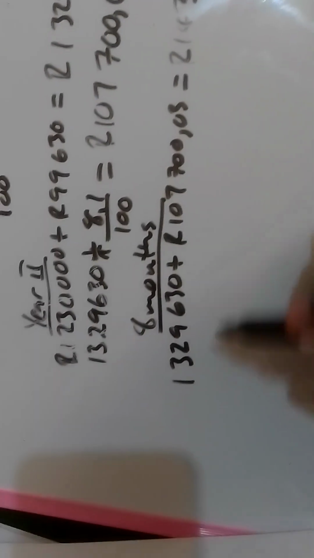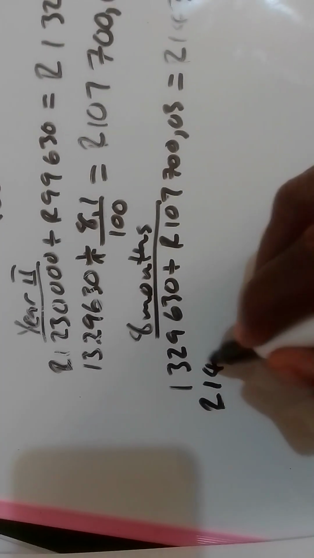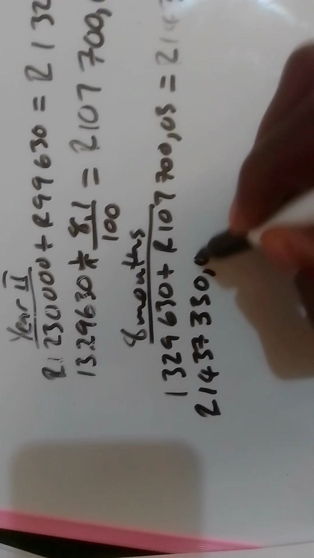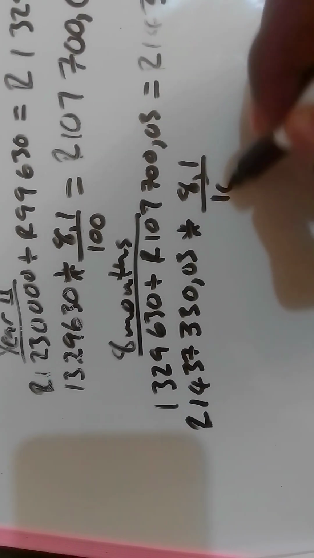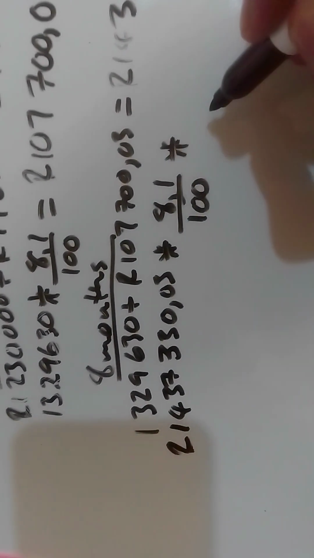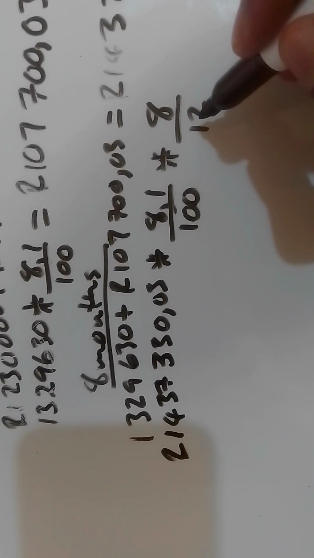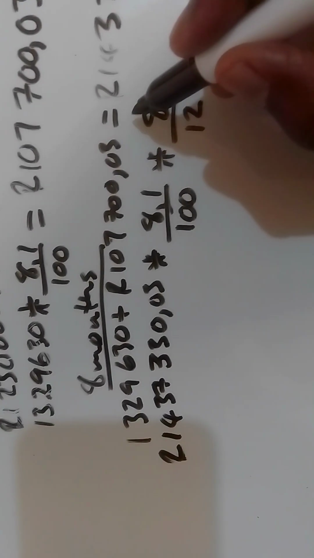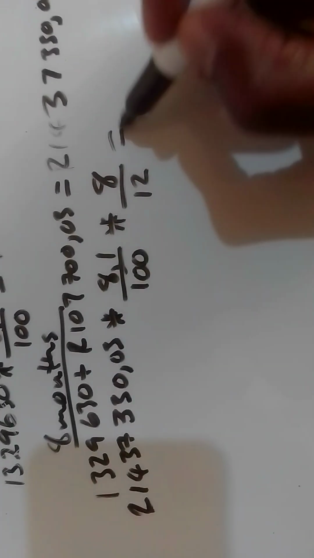Okay, so now this is what he has at the beginning. We are going to calculate 8.1% of 1,437,330 rands 3 cents, but it is for 8 months, the final period. So here 8 months is not a full year. So now we say 8 over 12. The 12 represents the year, to say that a full year is 12 months. But since it's not the full year, we just want the interest for the 8 months.